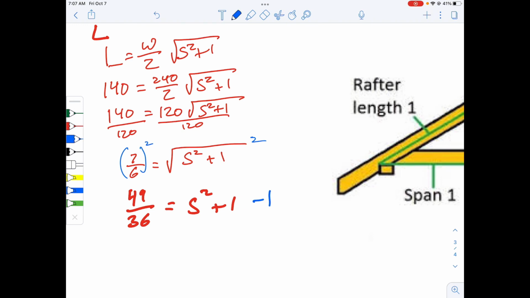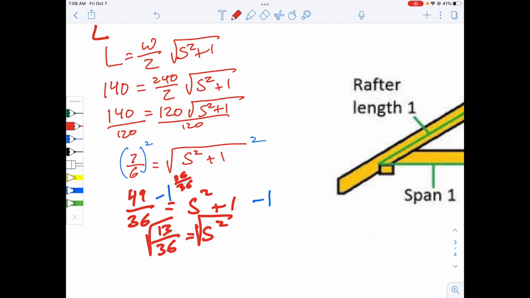Let's get that 1 out of there. Minus 1, minus 1. So that gives us S squared. We're probably going to go decimal here in a second, but 1 is 36 over 36, right? So 49 minus 36 gives us 13.